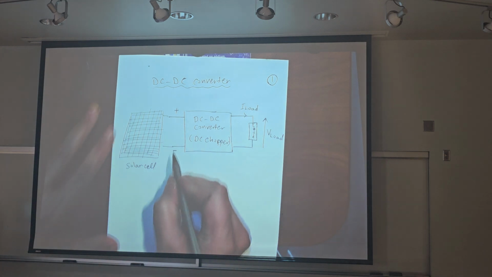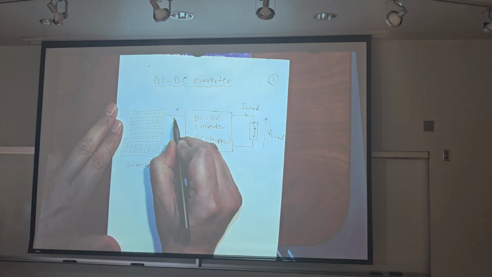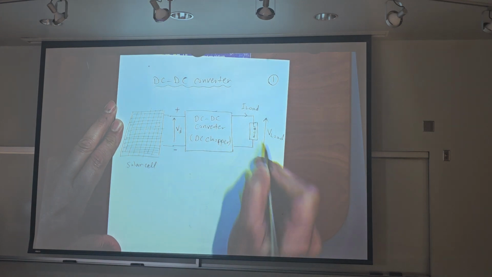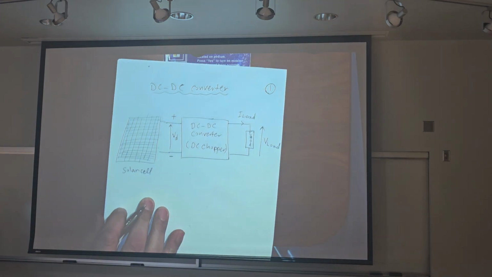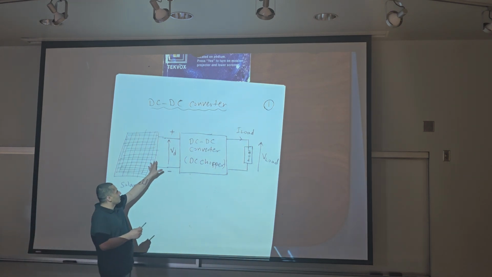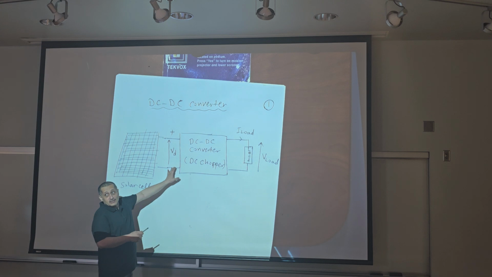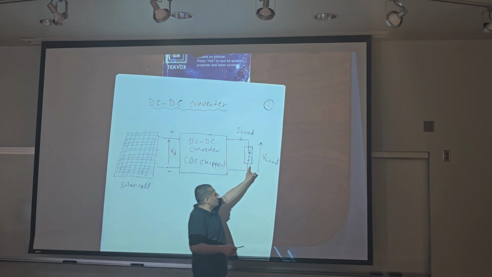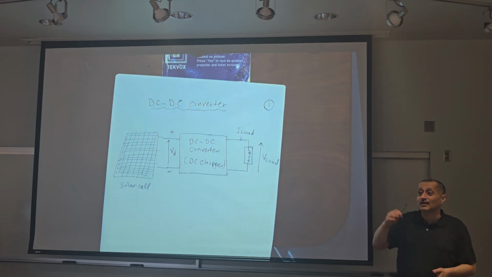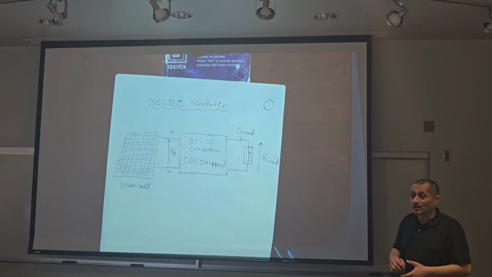This is V D, and this is V load. Sometimes I need to raise the voltage generated from the solar cell to reach the load with a voltage higher than the generated voltage from the solar cell.